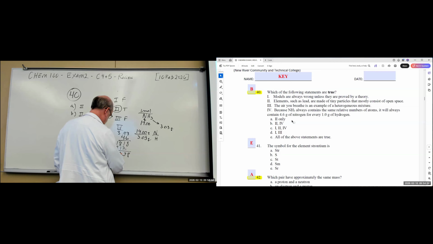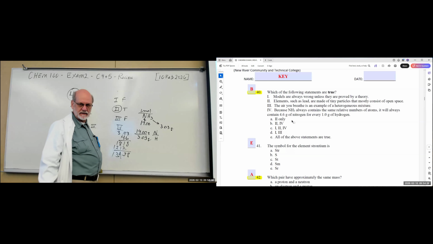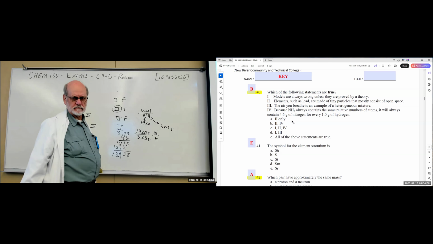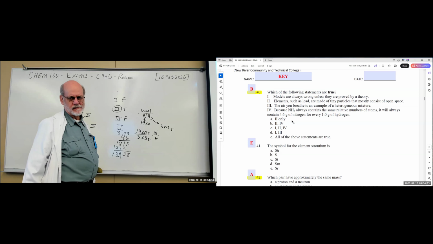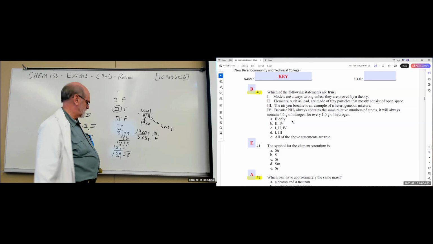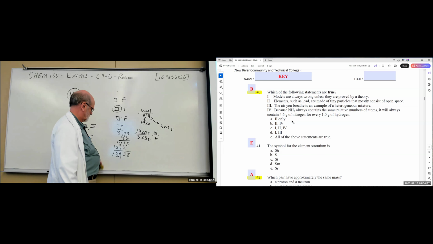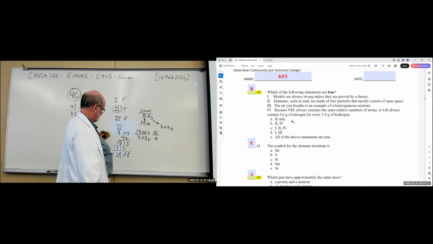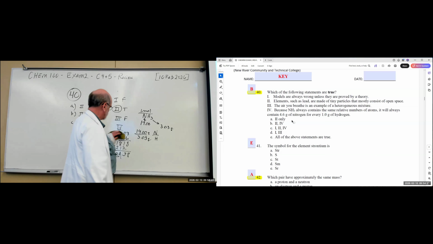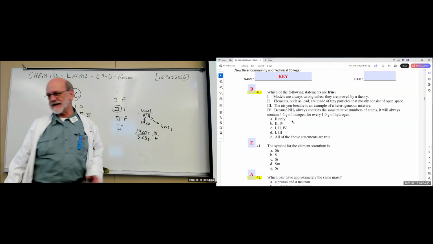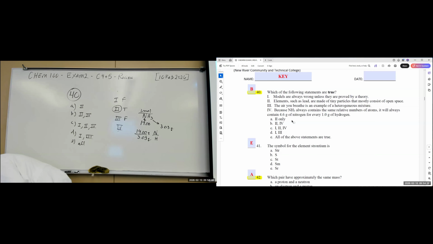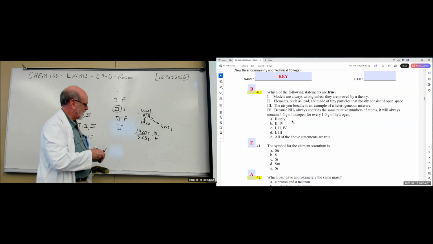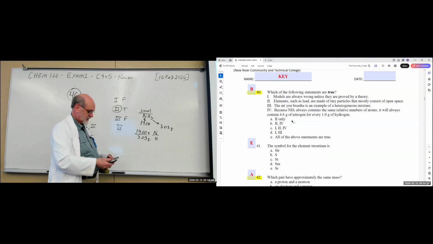We have 3 decimals. So it's 13.9. Let's see. That doesn't seem right. No. I did something wrong. That's not right. I think we better go ahead and do the division. I was trying an alternate method and it didn't work.